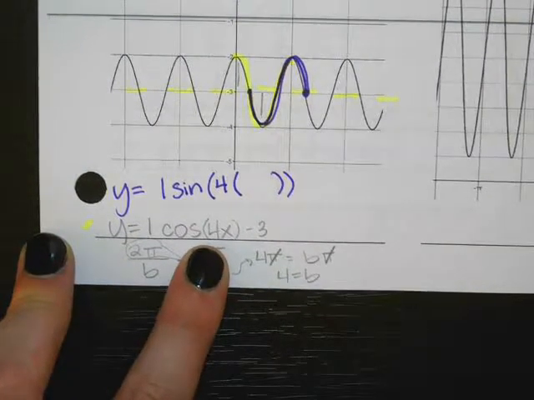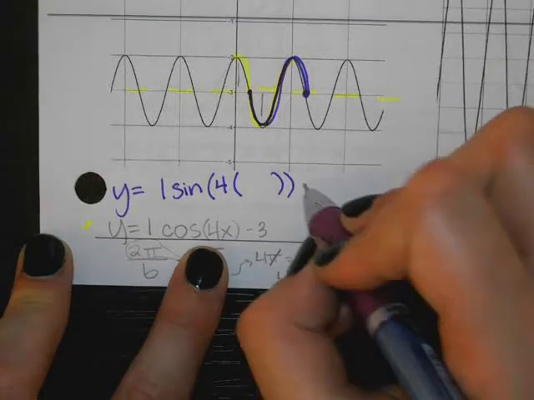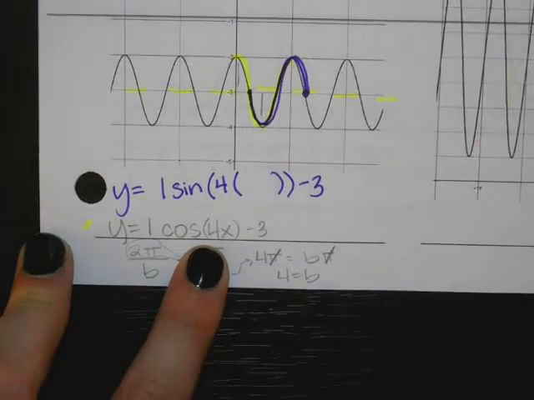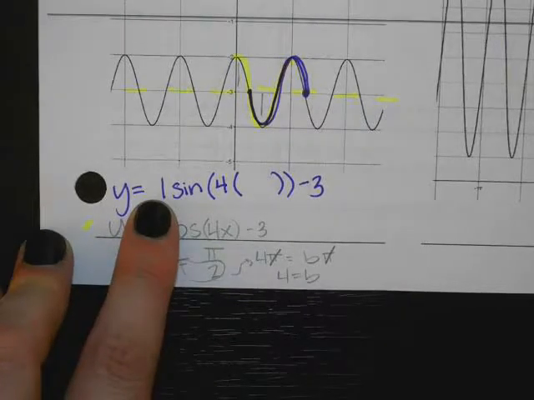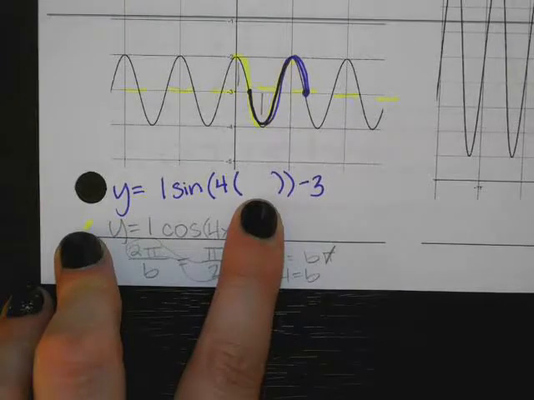I know that I still have a midline of -3, so that has stayed the same. So the only two things that I'm changing is I'm looking to see if there should be a positive or a negative in the very front, and I'm looking to see how far to the right or to the left I shifted. Okay?